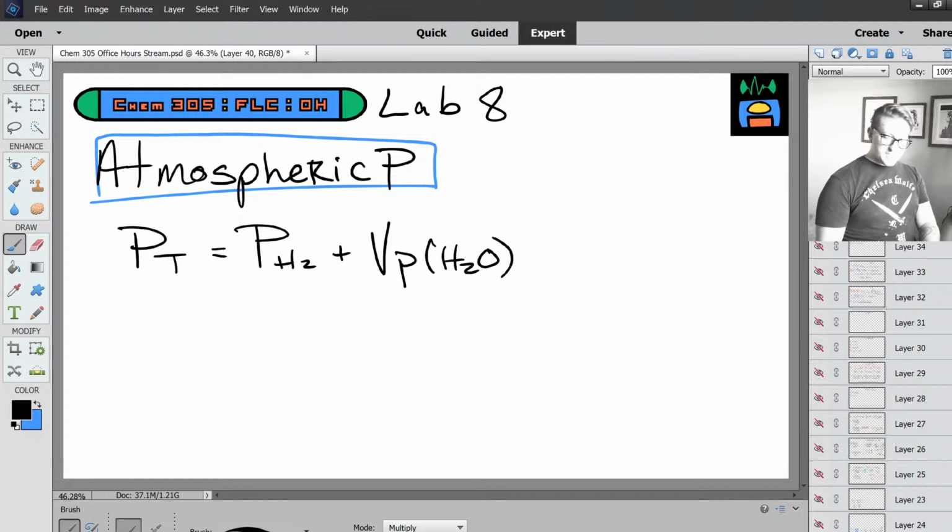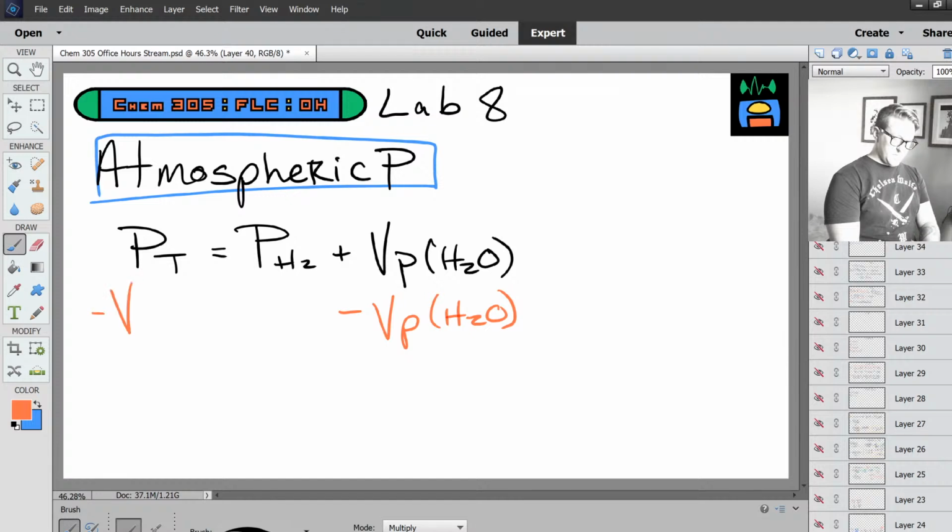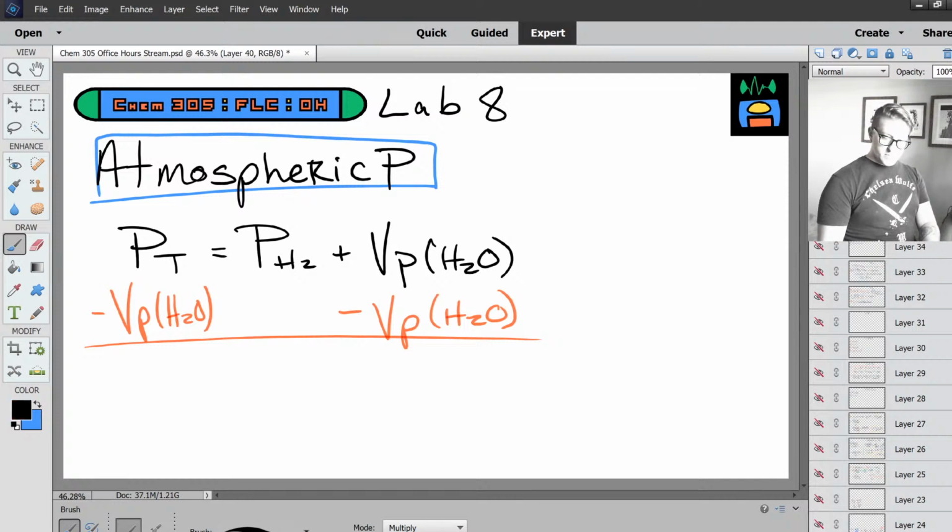So when they ask you to find the partial pressure of hydrogen, you can do that if you subtract the vapor pressure of water from both sides of this equation.